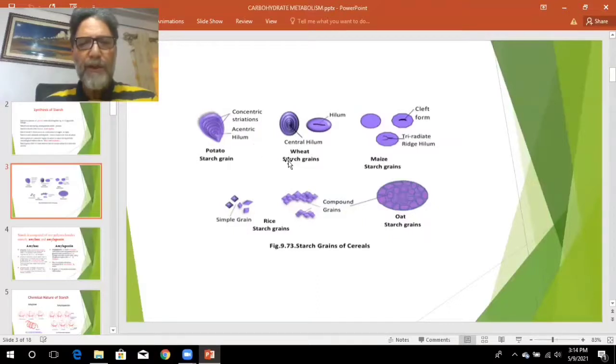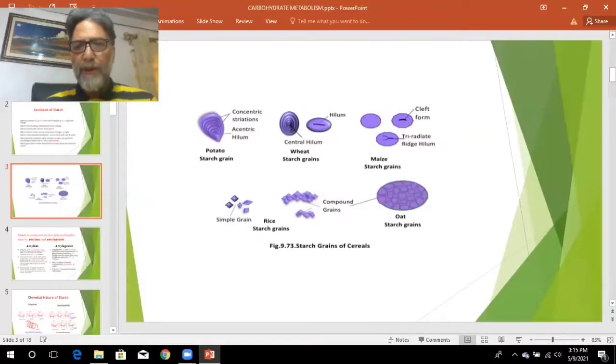Likewise, wheat starch grain appears like this. It will have a hilum like this, which can be central. Or in case of maize starch grain, you will have a cleft form of a triradiate ridge hilum. But in case of cereals, in oat, in rice, as we have seen in case of rice, there are compound grains or there can be simple grains. So that means it is a form of stored polysaccharide.